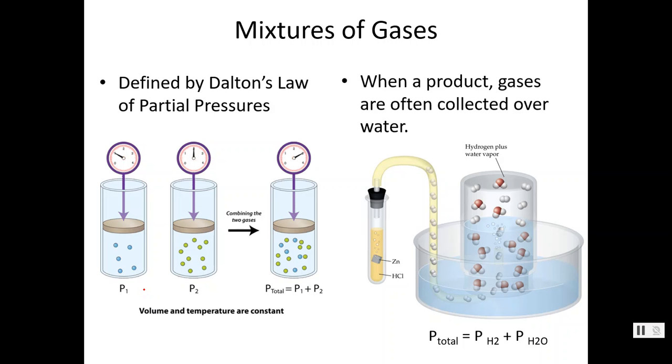If I add those two samples together, I not only add the total number of moles, but I add the total pressure. So the pressure of a gas mixture is equal to the sum of the individual pressures from the individual components of that mixture.